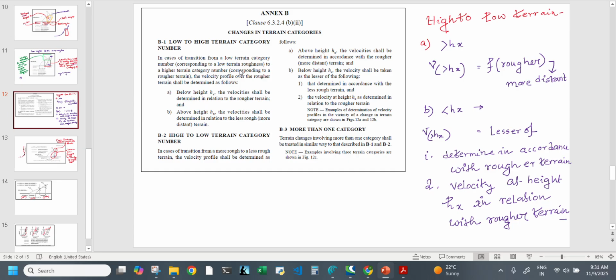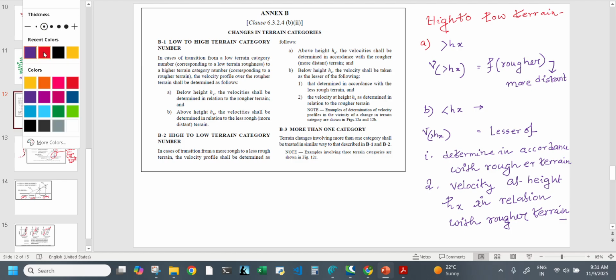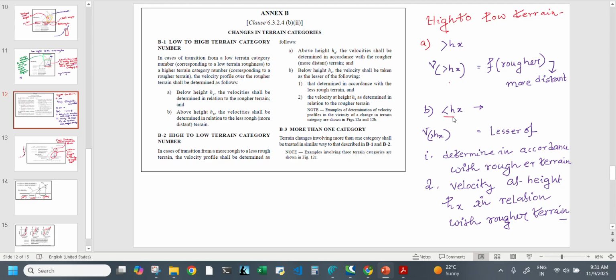Now higher to lower, for this case, the velocity below hx is determined in accordance with the minimum of the velocity in the less rougher side.